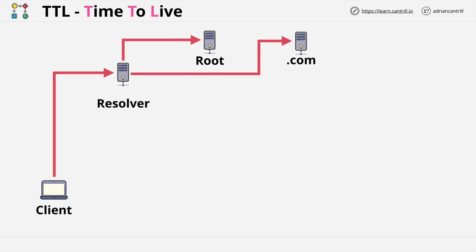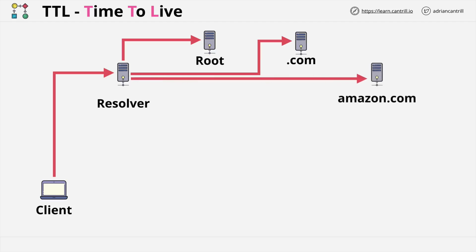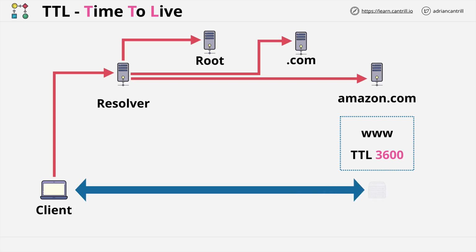Those authoritative servers for .com provide the name servers of the Amazon.com zone, and so it goes ahead and queries that. That server hosts and is authoritative for the Amazon.com zone, which has a record for www, and so it uses this record to get the IP address and connect to the server.